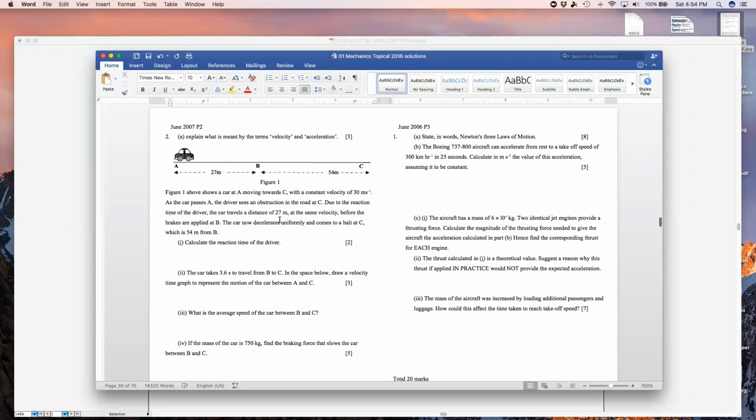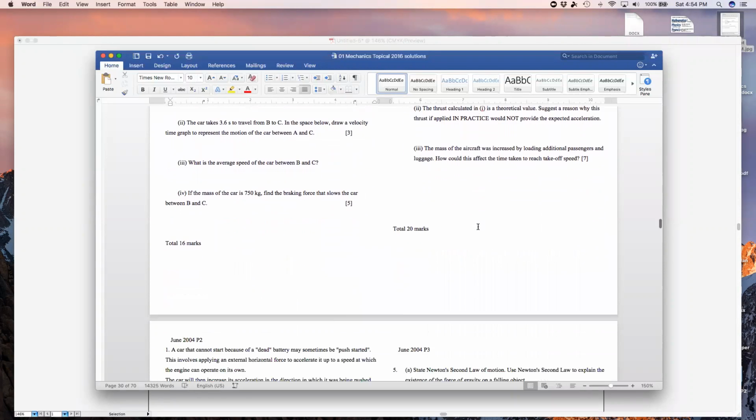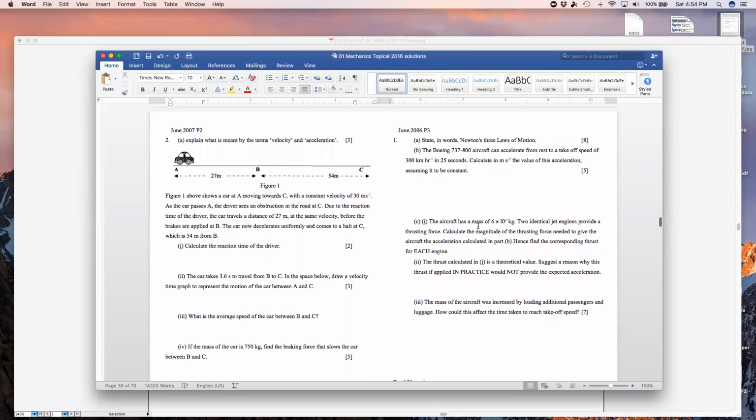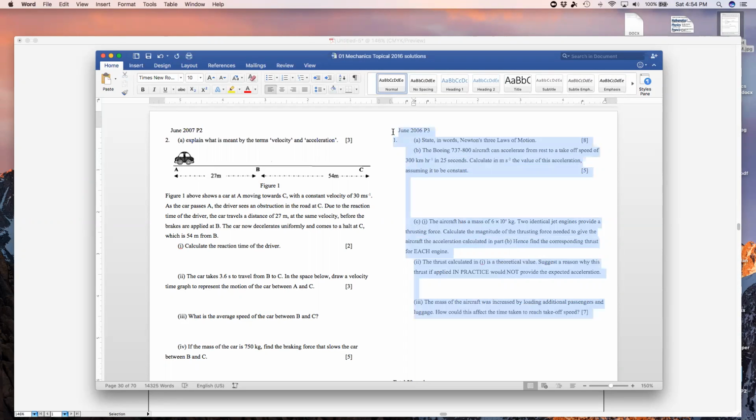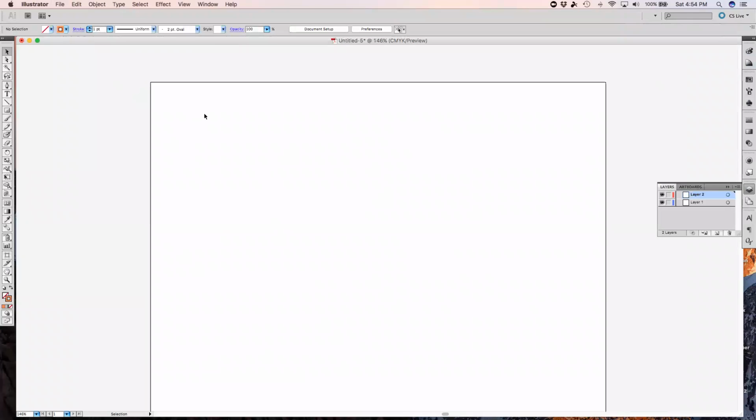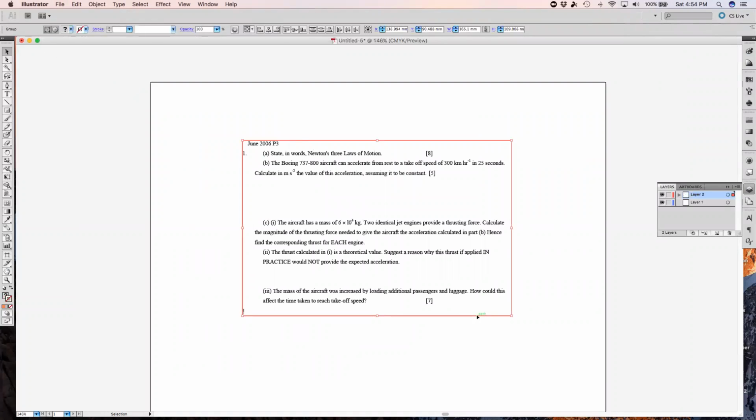Anybody would like to tell me that? Yeah, we did. We worked this in class, yes, it looks very familiar. So let's take a look at this one here. This is 2006 paper 3. Again, I'll just copy this whole thing here and take it across to my work. All right, yes, it's here.